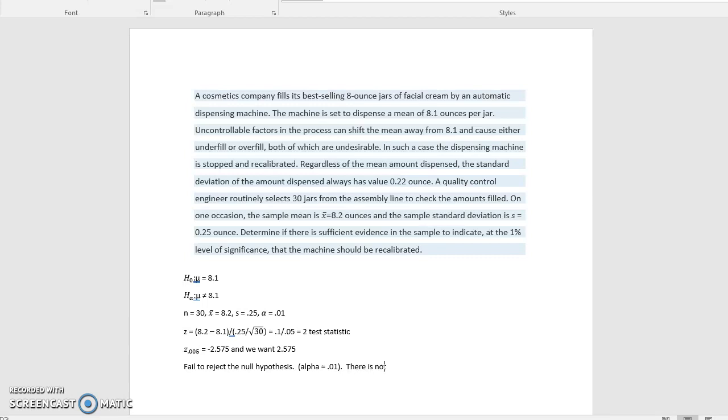So there is not enough evidence for us to conclude that the machine needs to be recalibrated. It appears to be properly calibrated at the moment. And that's what it means by we didn't have to accept this alternate hypothesis. It appears to be that the mean is 8.1 at the moment.